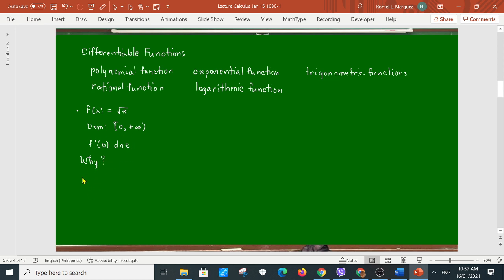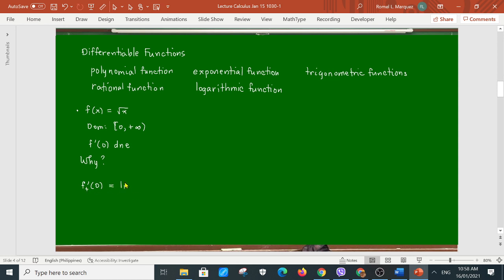To get the derivative of f of x equals square root of x, we compute the left-hand derivative and right-hand derivative. So, let's compute f prime at 0 from the right.